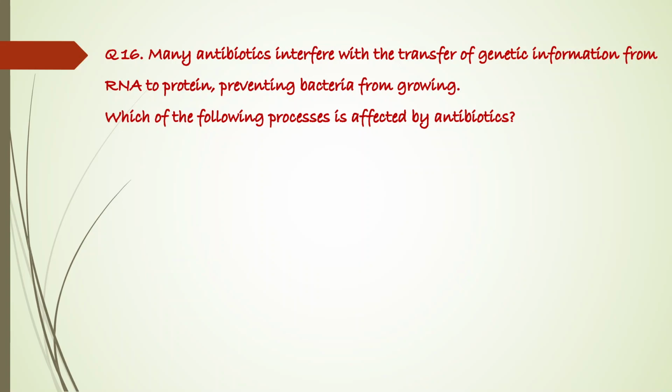So this just states that one of the mechanisms of antibiotics is they interfere with the transfer of the genetic information from RNA to protein, like from mRNA to protein basically. So which of the following processes will be affected by the antibiotics? It is basically written in the question as well. You just need to understand.